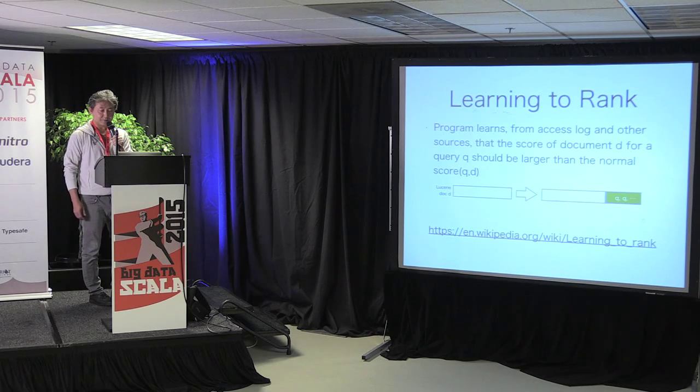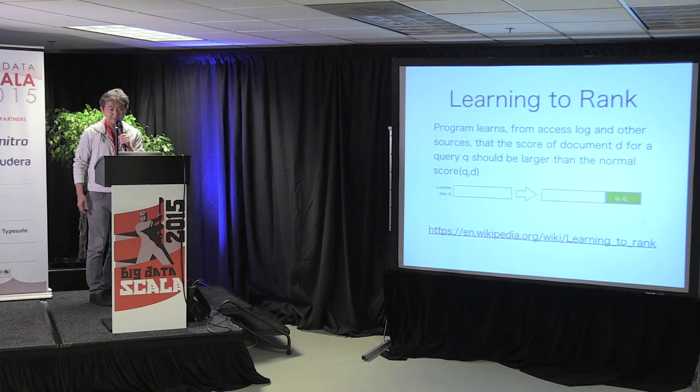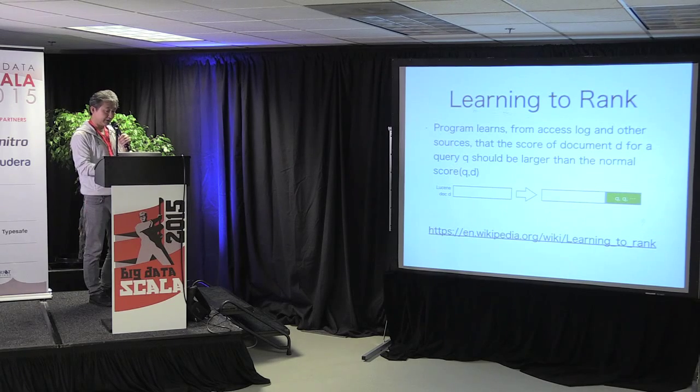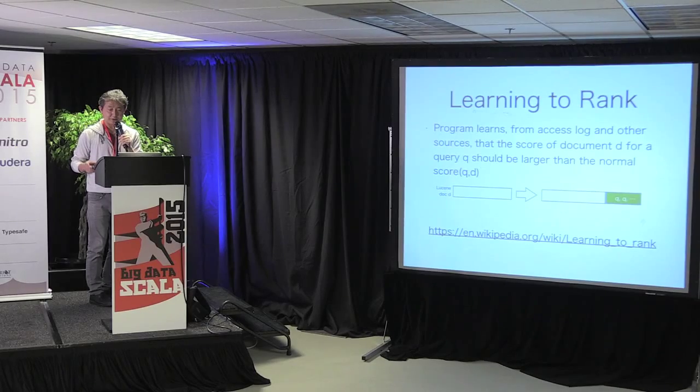The program learns from access logs and other sources that the score of document D should be larger than the score that Lucene normally calculates for query Q. And as you can see in this diagram, it performs keyword attach query Q in the document D. Increasing the boost value of this field makes the ranking of this document go up from the next search.